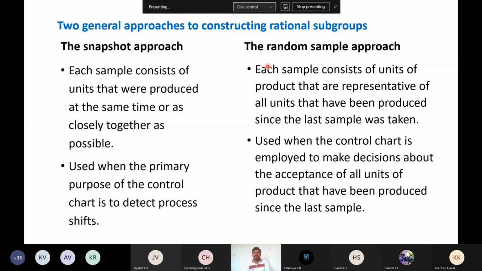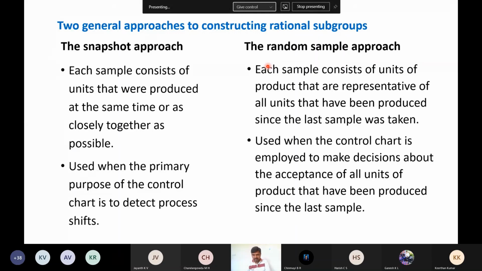So randomly you will take samples. It may be after 30 minutes, then after 2 hours, then after 2 hours 20 minutes, then after 2 hours 30 minutes. So here you don't have a fixed time interval between samples. You pick whenever you want.